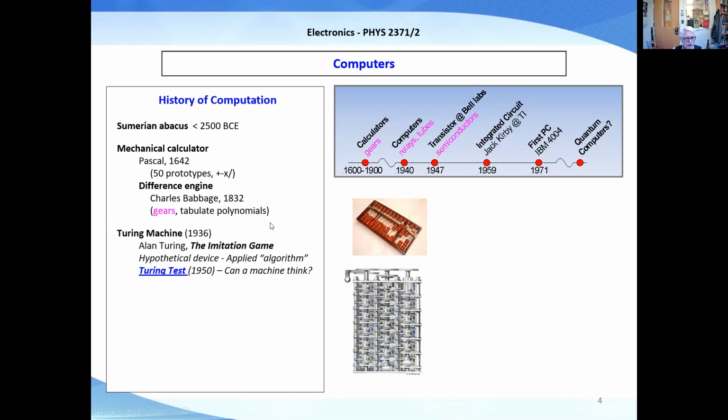And then came the 1900s, the Turing machine, Alan Turing. There's a movie called The Imitation Game. I think he and von Neumann, you associate with the beginning of digital computers.